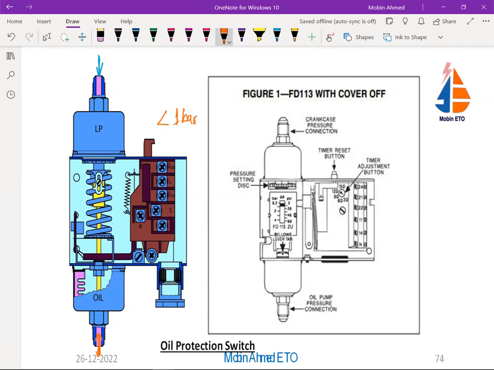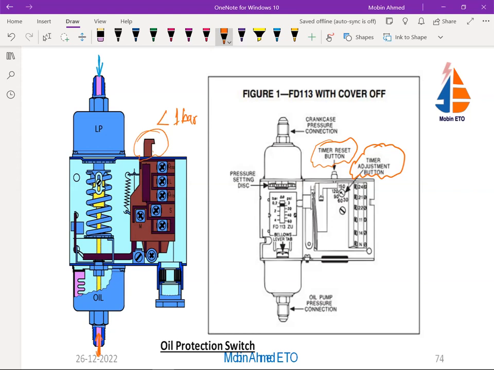There is also a delay setting. You can see sometimes you have a delay setting, and there is also a timer reset button. So this is a timer reset button, and there will be a delay in this. This is how it is going to work.